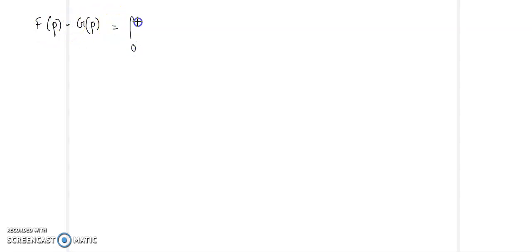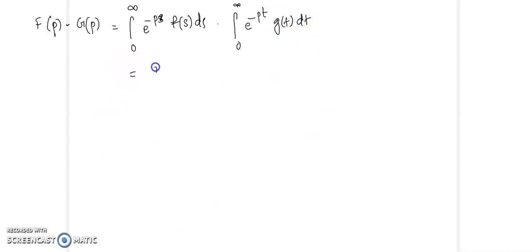So that will be equal to integral 0 to infinity, by definition, e raised to minus ps, so let me give the variable, f of s ds, and the second integral is 0 to infinity e raised to minus pt, here, g of t dt.